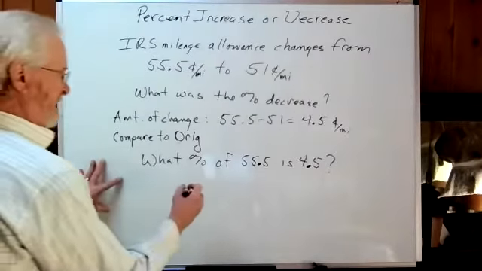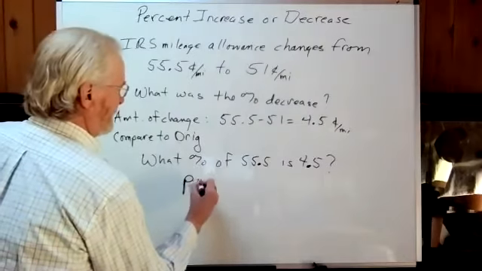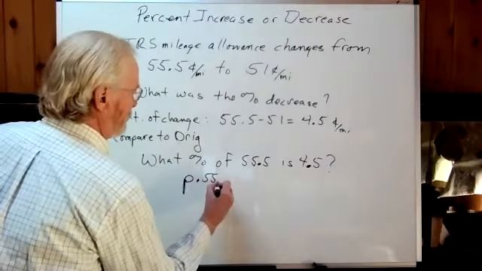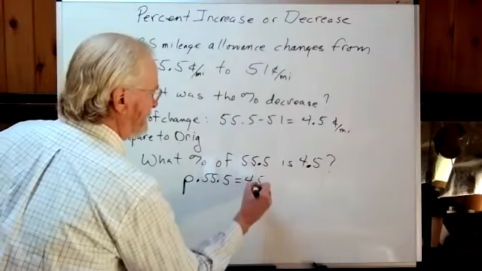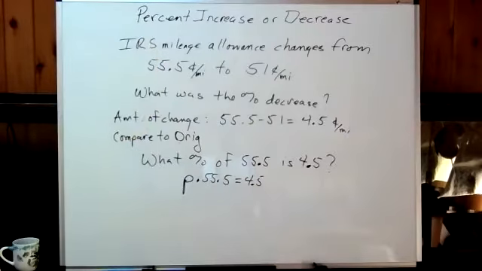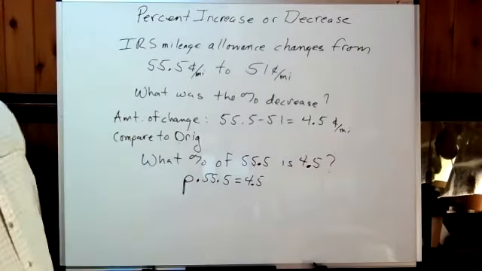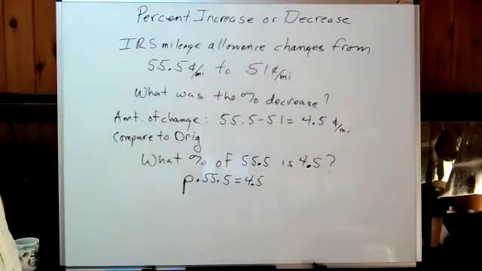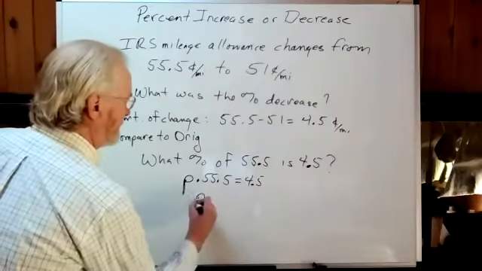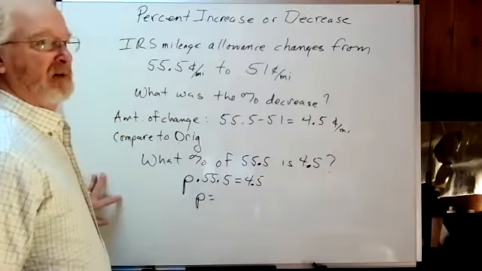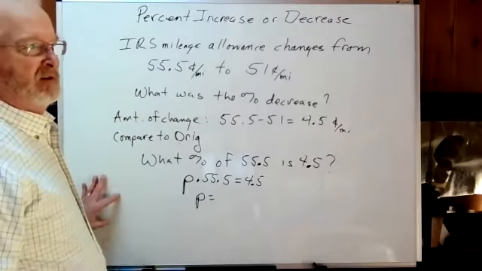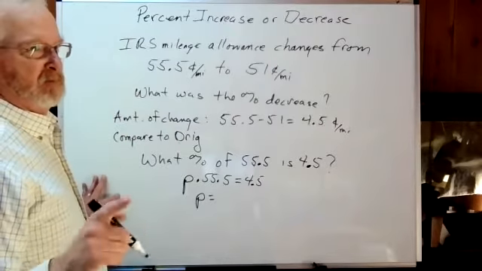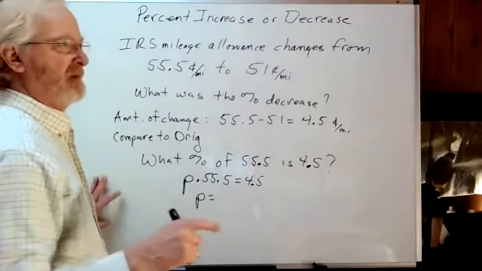Here we go. What percent of 55.5 is the 4.5? Okay. Trying to get the P alone, divide both sides by 55.5. I'm going to stop and ask you to finish and round your percent to 1 decimal place. The nearest tenth of a percent.